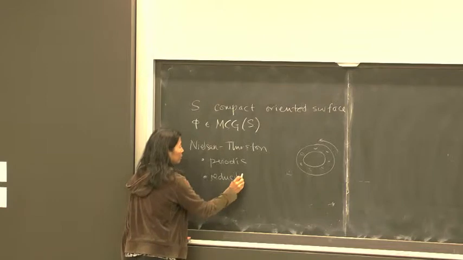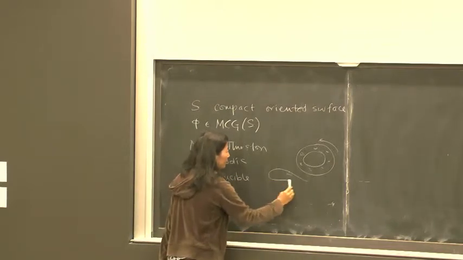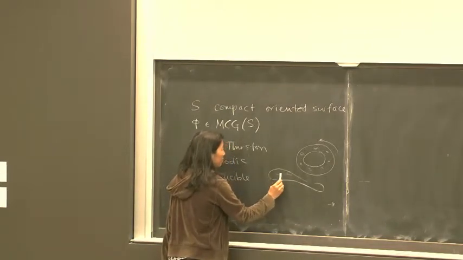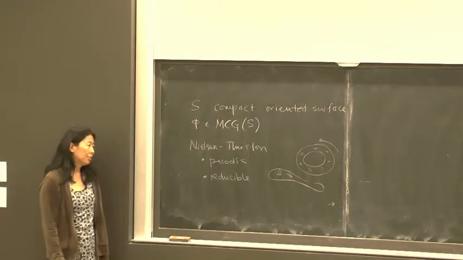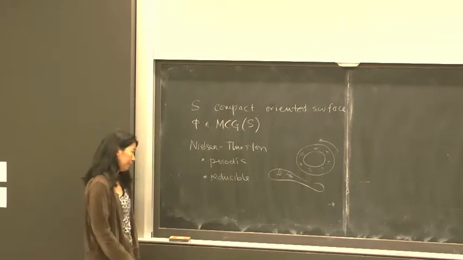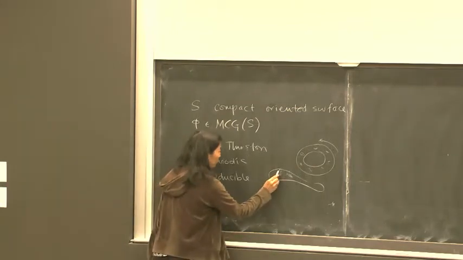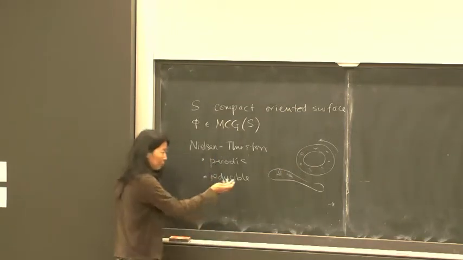Reducible, which means that there's some curve on the surface such that the mapping class, raised to some power, leaves it invariant, or a bunch of curves.